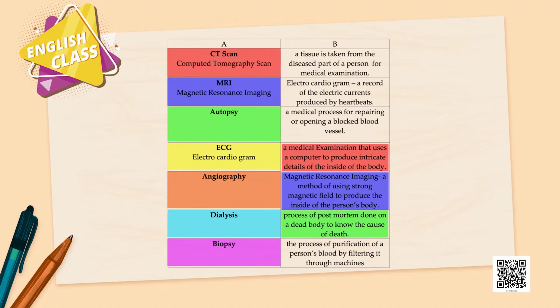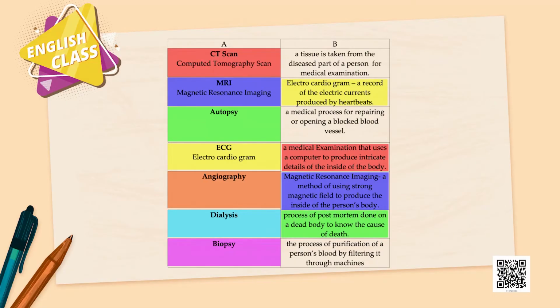The next medical term used by the author is ECG, electrocardiogram. It is a record of the electric currents produced by heartbeats. Let us see the next one, angiography. What is angiography? It is a medical process for repairing or opening a blocked blood vessel.